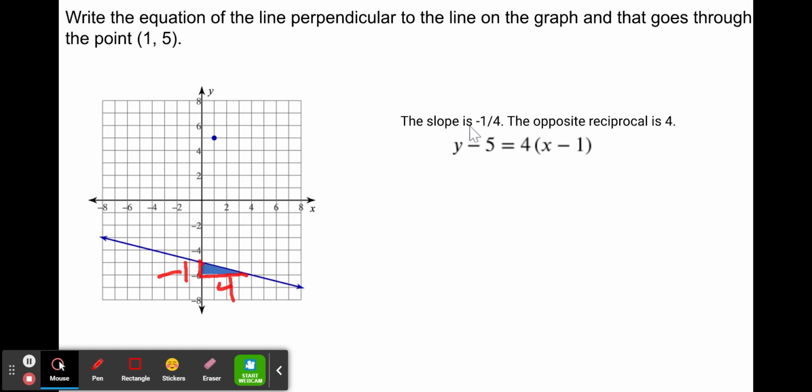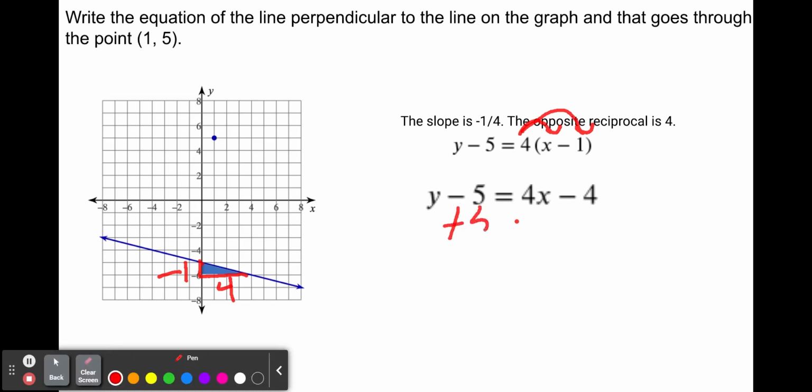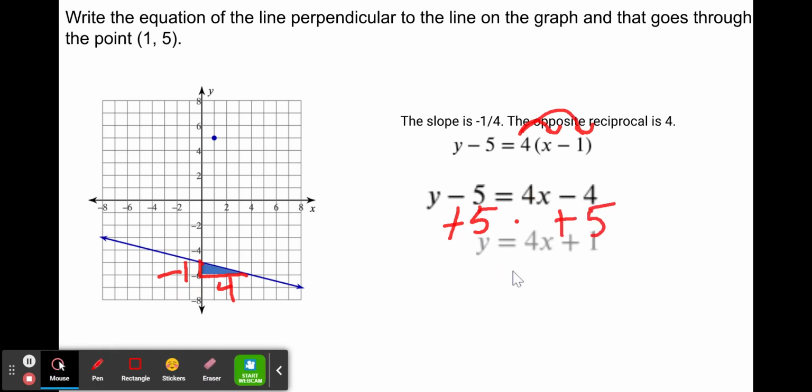So I distribute, and I get y minus 5 equals 4x minus 4. And then I add 5. So I get y equals 4x plus 1. And that's my final answer.